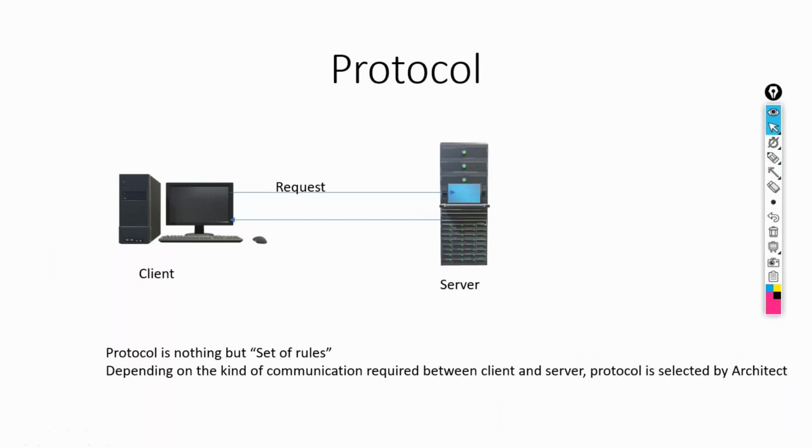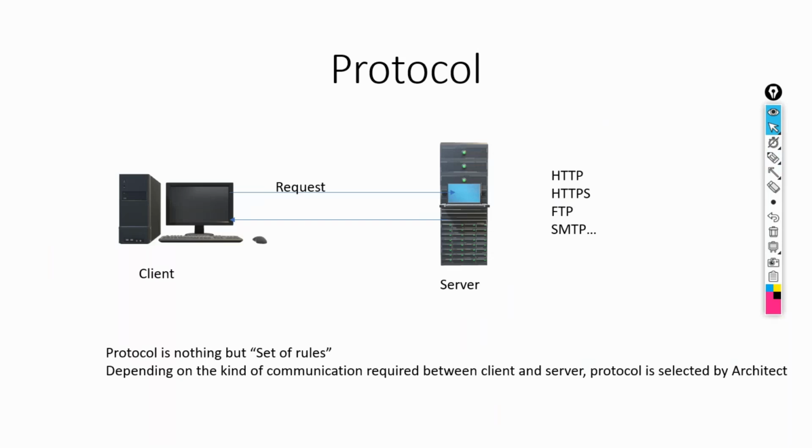Depending on the kind of communication required between client and server, the protocol is selected by the architect. For example, if you're dealing with web applications, where you're sending HTTP or HTTPS requests, you use the HTTP or HTTPS protocol.